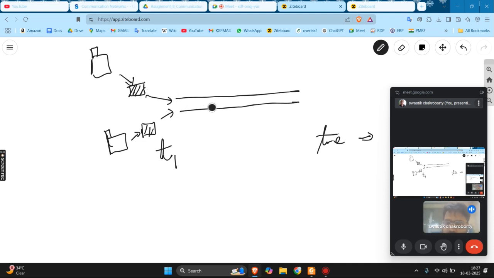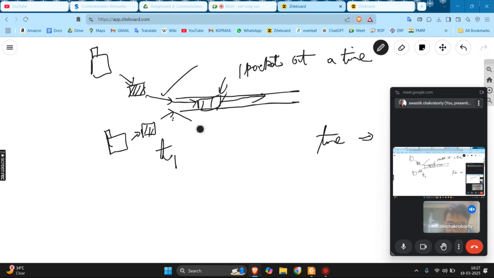Only one of these two packets will get to travel in the channel because the channel can only handle one packet at a time. Due to some factor, let's say this packet gets selected, so it will get transmitted and move forward in the channel, whereas this packet does not get selected.